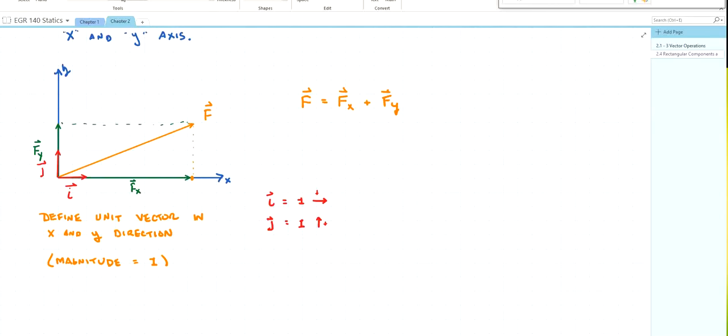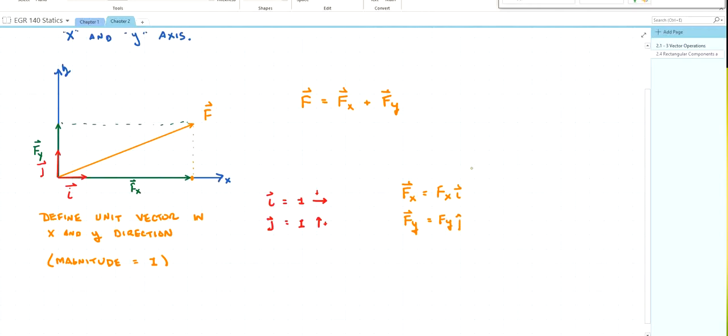So I can then rewrite my components here. Fx, the vector, really is Fx, the magnitude of the vector, times the unit vector i, and Fy, same deal, equals Fy j.